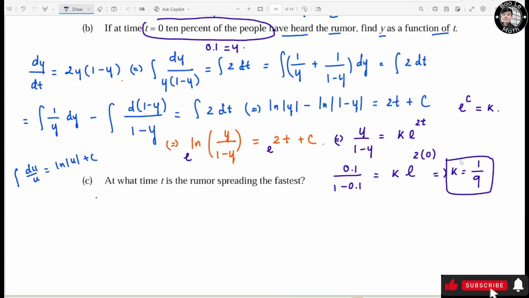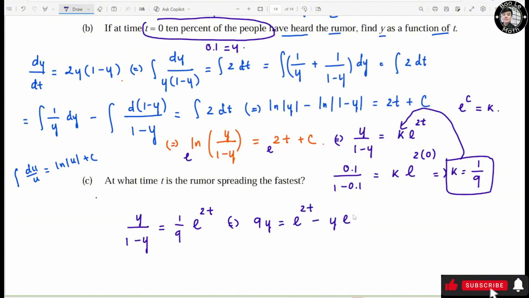So we're going to substitute 1/9 for k back over here, right? So we're going to end up with y over (1 minus y) equals 1/9 e to the 2t. Now we're going to cross multiply, so it could be 9y equals e to the 2t minus y times e to the 2t, right?